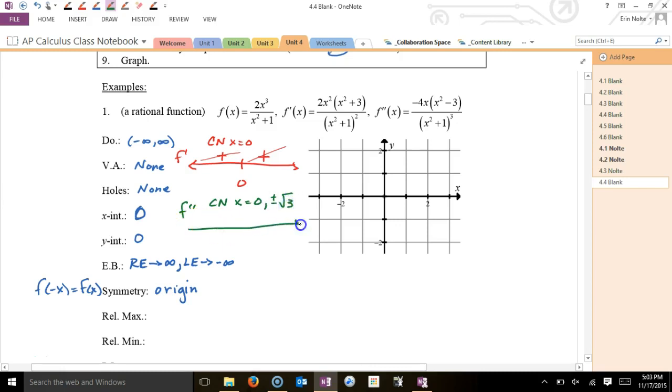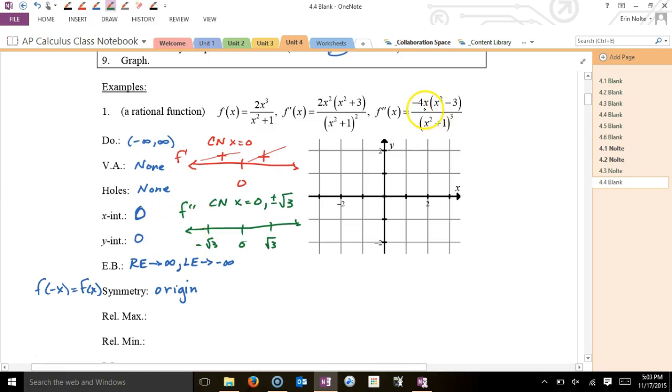So if I do my number line test here, so I have a negative square root of 3 and a positive square root of 3 and 0 smack dab in the middle, I can do my number line test. Okay, so a value that's smaller than a square root of 3, let's try, how about just -3.